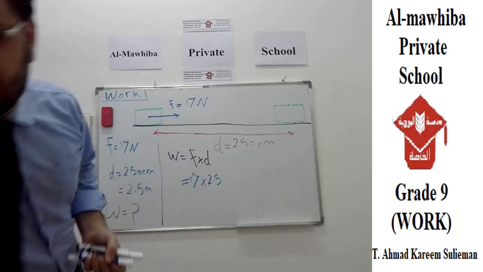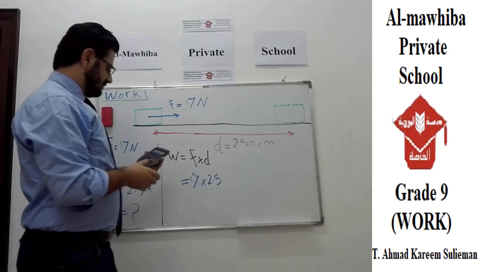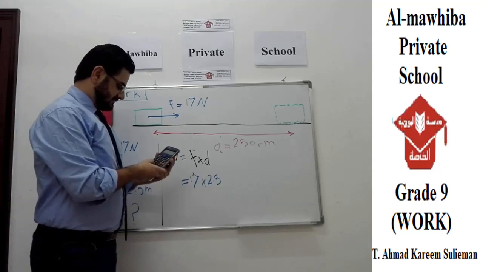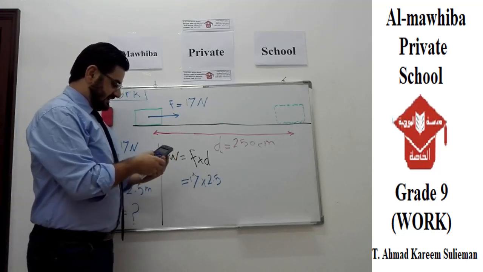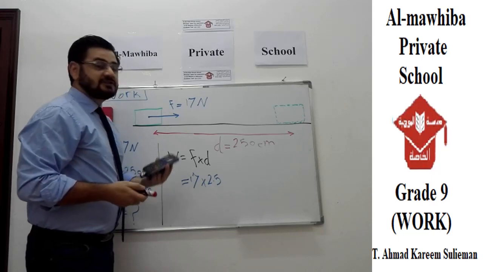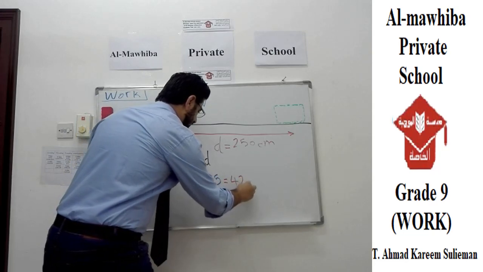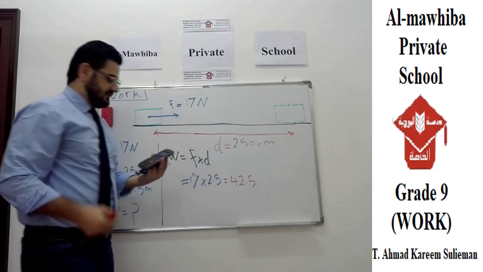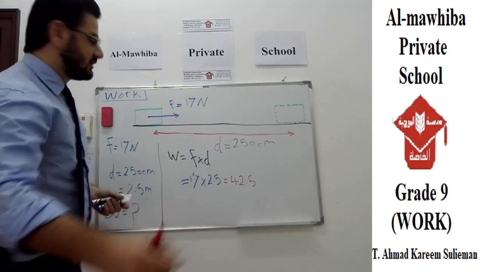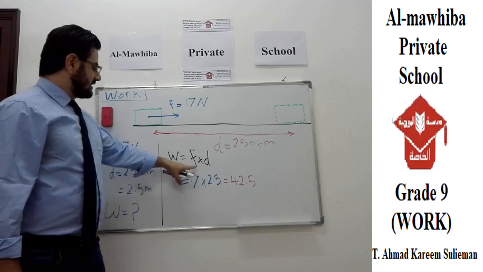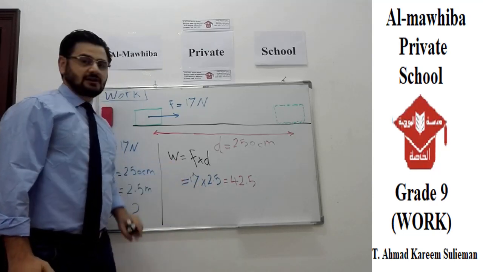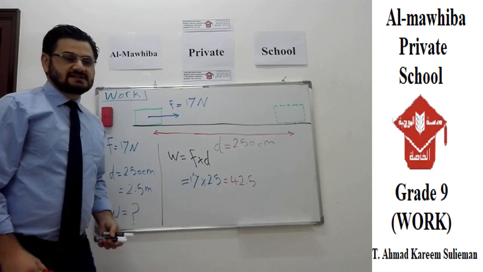We multiply them on the calculator. 17 multiplied by 2.5, so we get 42.5. So the answer here is 42.5. This is the work. We just calculated the work. So we wrote the formula, we substituted the numbers, and we got the answer.